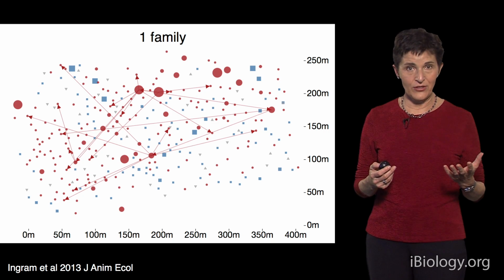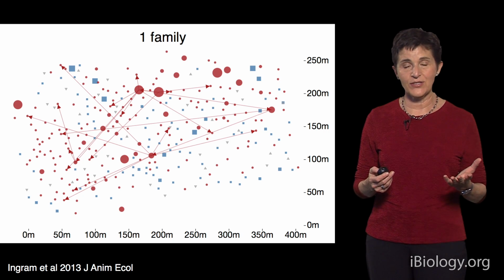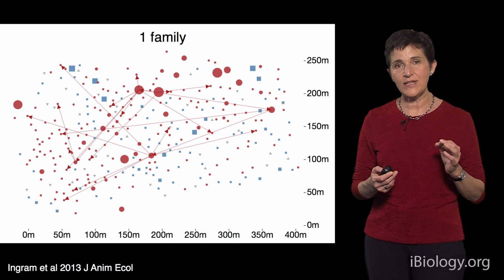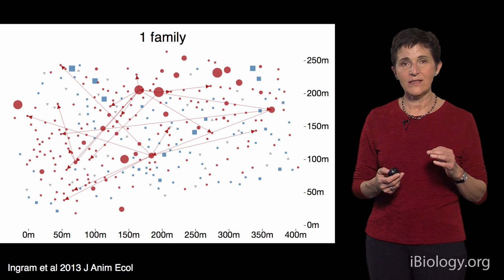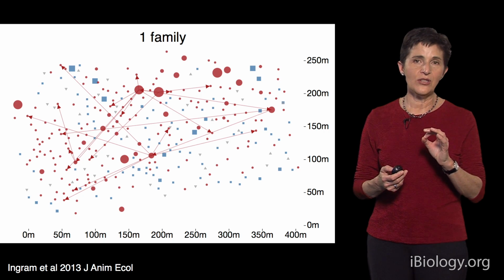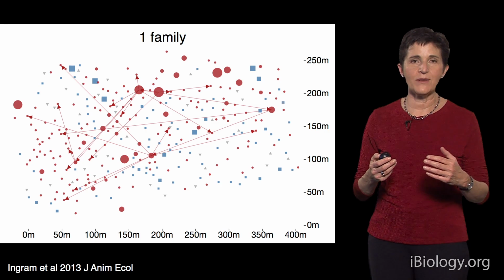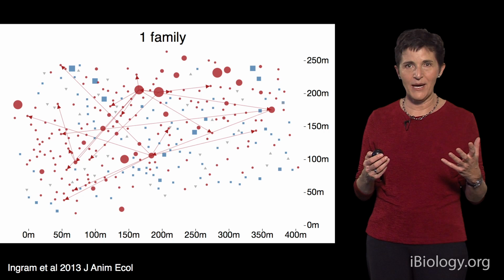This is another version of the map of my study site. This is from 2010, which is the year that we did this. And each symbol is a nest or a colony. Each symbol is a colony. And the size of the symbol shows how many offspring they had. And it's shown in two colors because there are two different genetic lineages in the population.